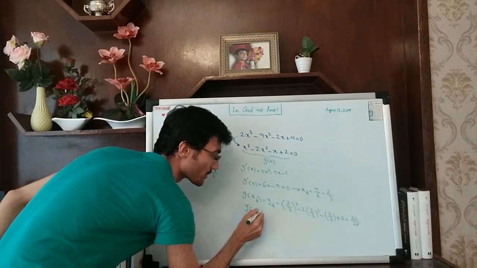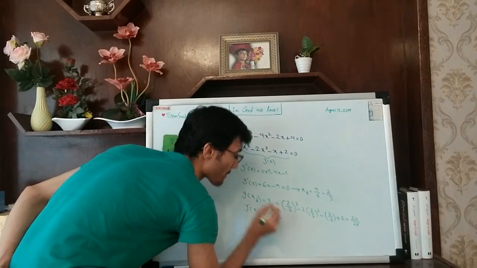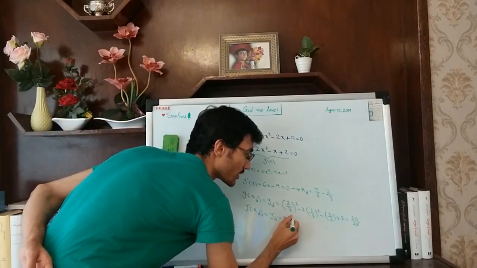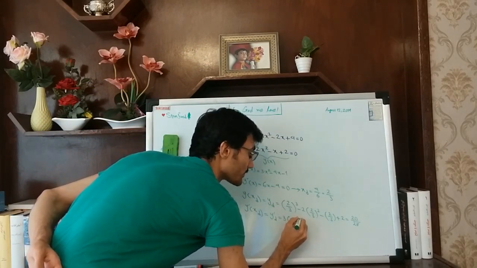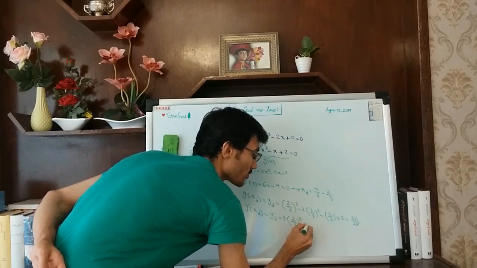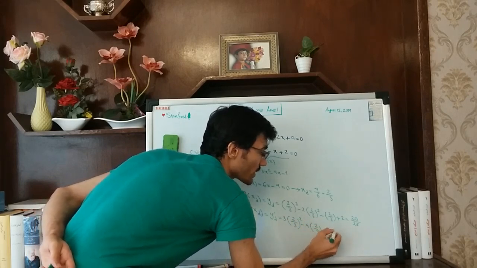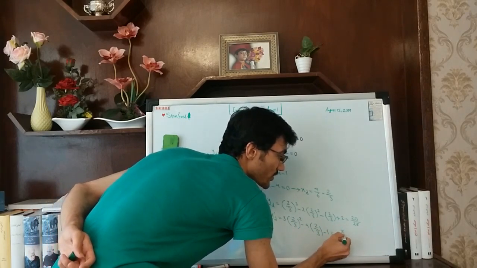Y prime of xd, or simply y prime d, equals 3 times 2/3 squared minus 4 times 2/3 minus 1. This equals -7/3.